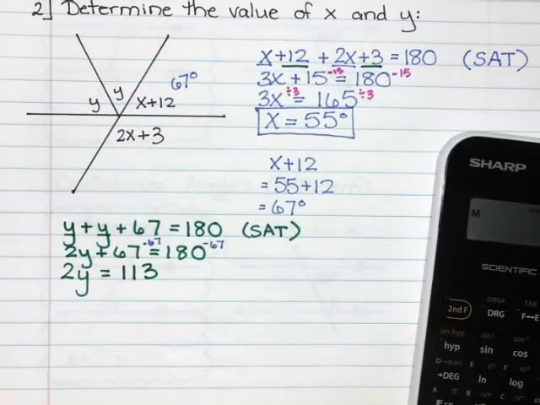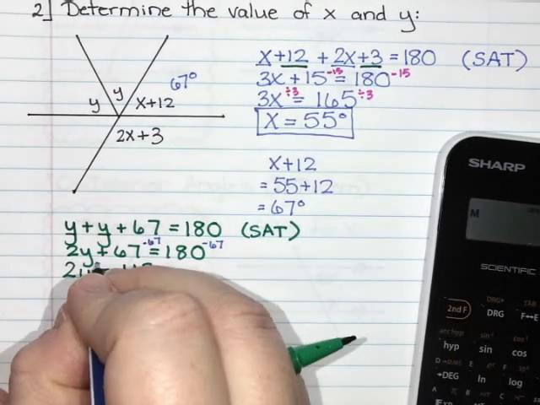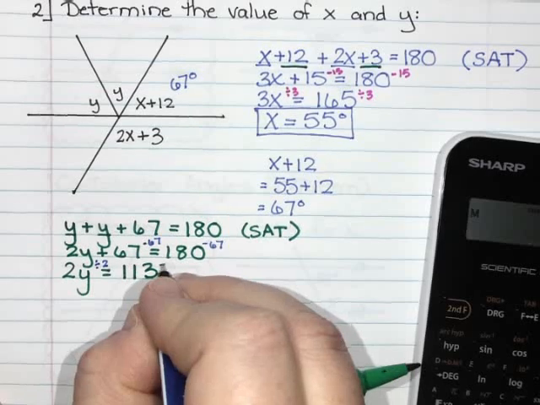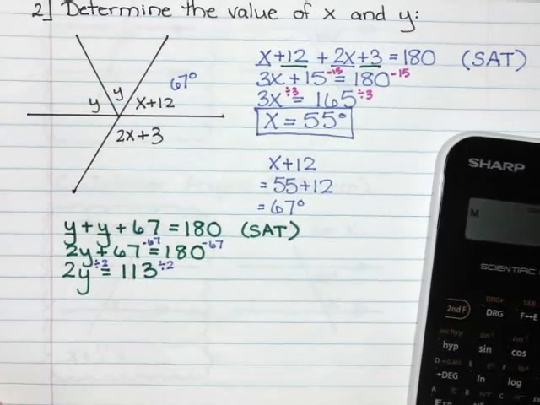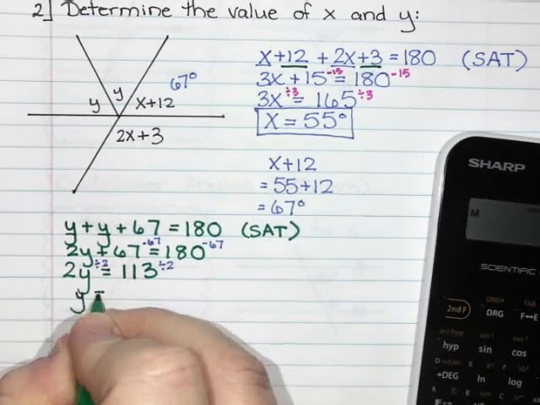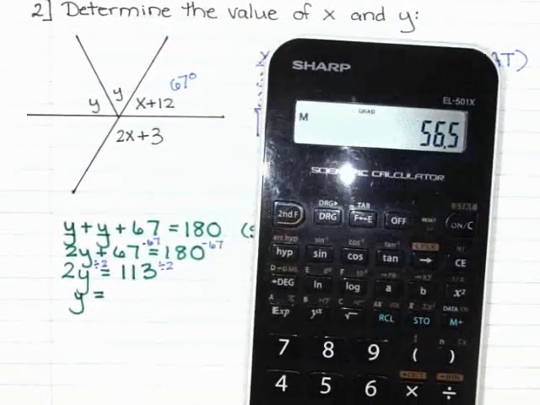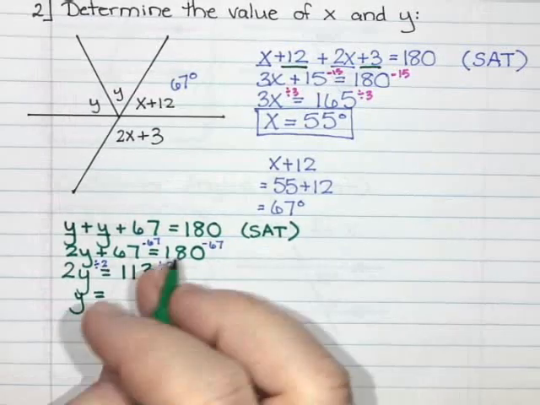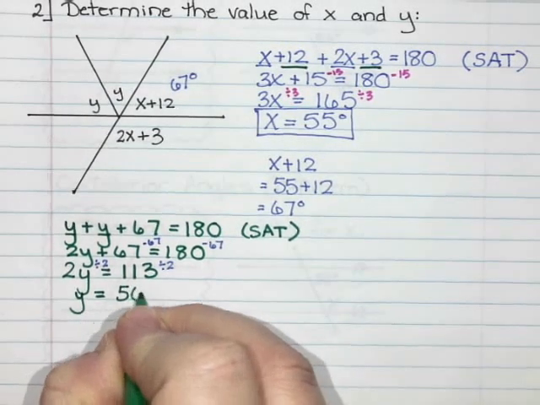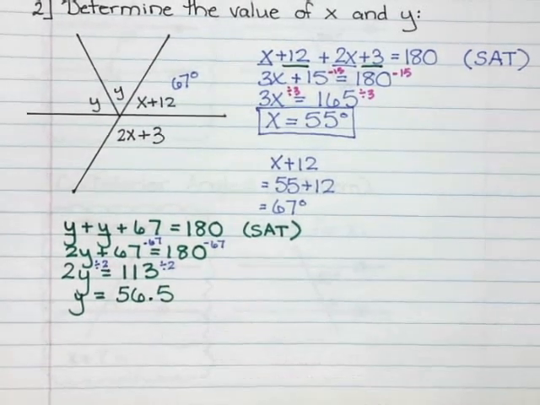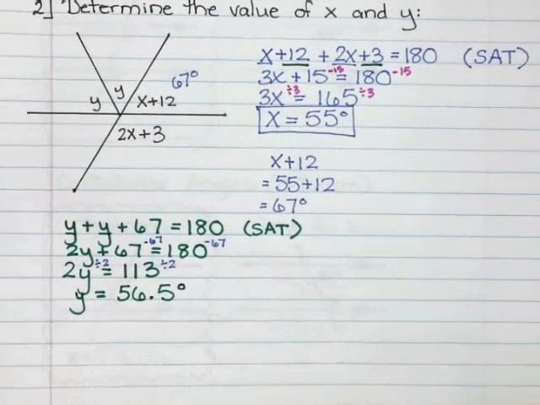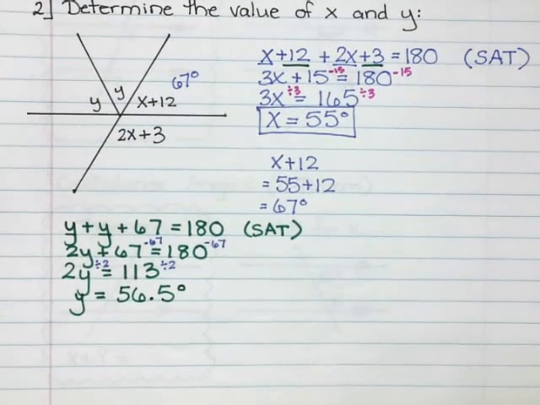And then I'm going to divide both sides by 2. Now, I know that 113 does not divide evenly by 2, but it does give me a not too bad decimal. It is 56.5. So sometimes you are going to get decimals as your answer, and that's okay. So it is 56.5 degrees.